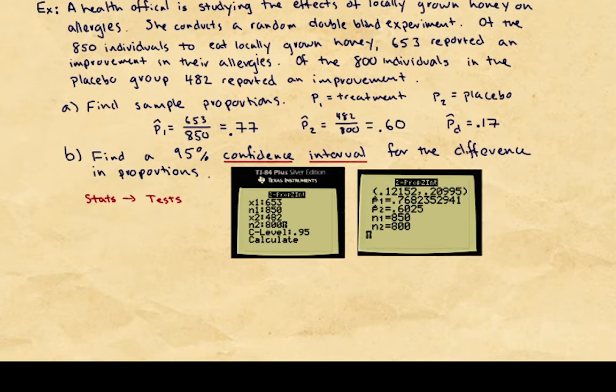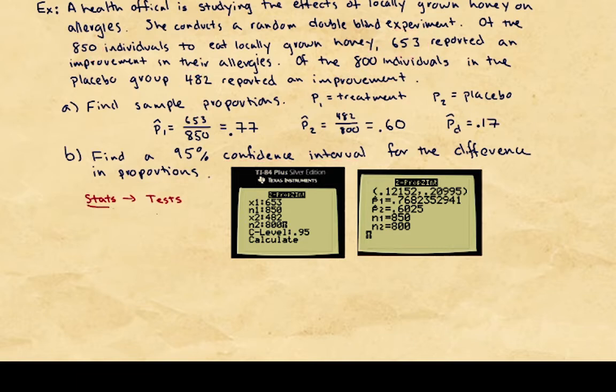And very clearly there are two proportions in this problem. One way that it's easy to identify that is because it's talking about the difference between two things. And also, if you just read the problem, you can see that I really have two proportions here: 653 out of 850 and 482 out of 800. So they really are giving me two proportions.